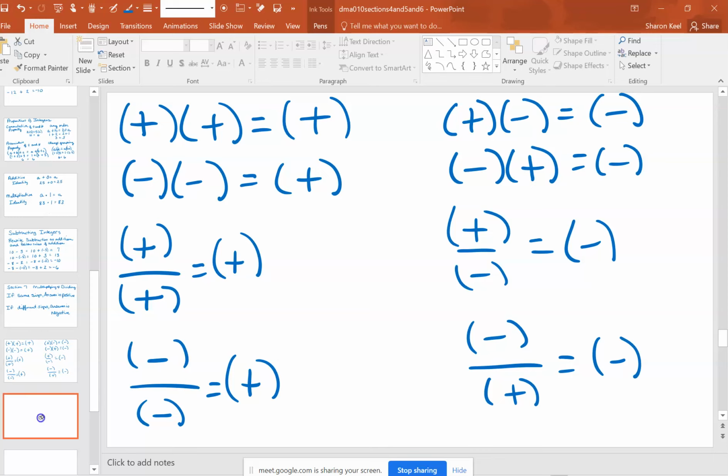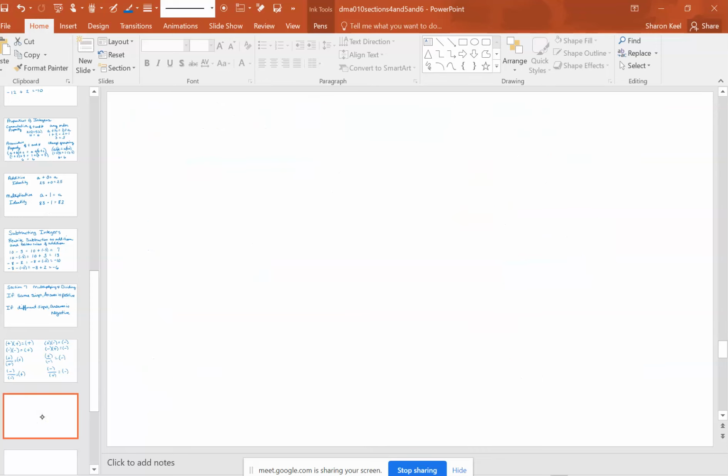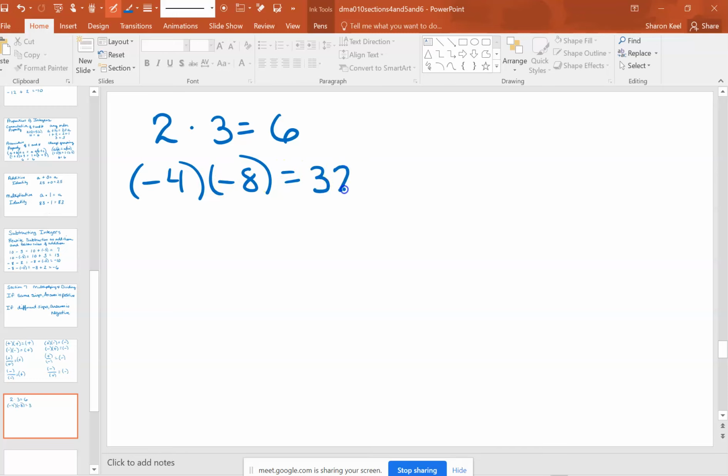So let's do a couple of examples of these. Let's say we have 2 times 3, that's going to give us 6. If I give you negative 4 times negative 8, negative times negative is a positive, that gives us a positive 32.